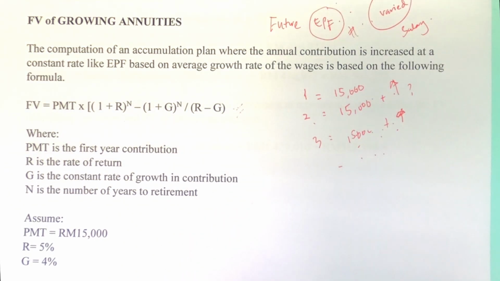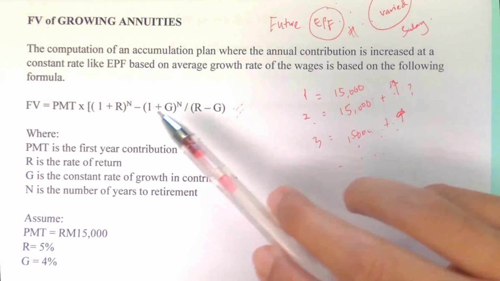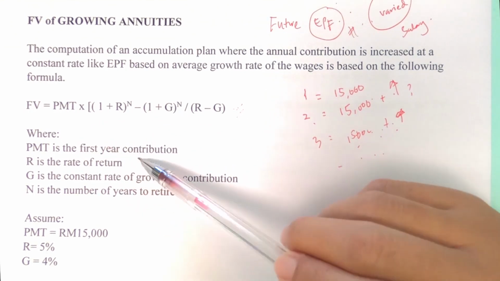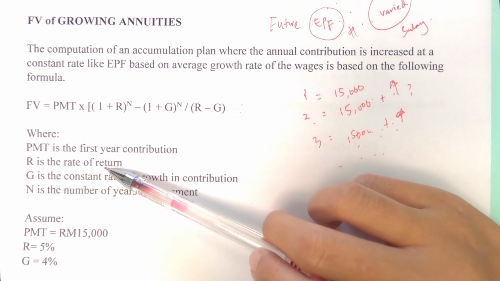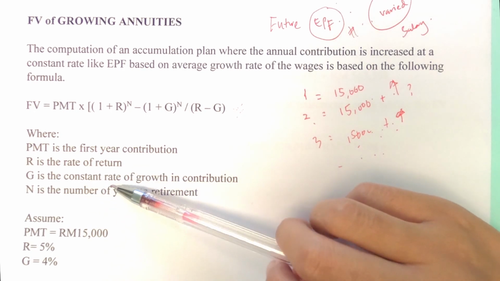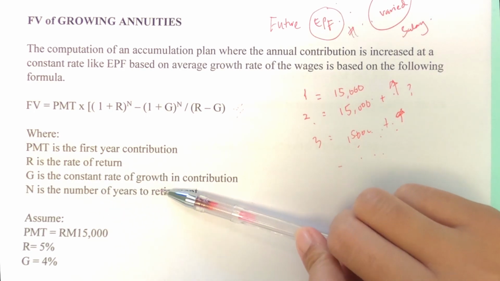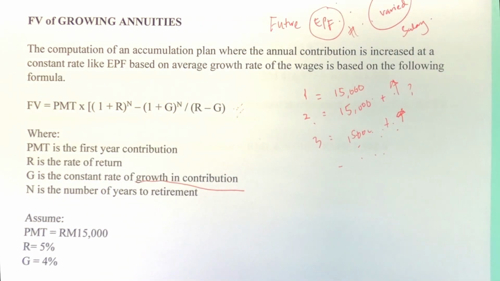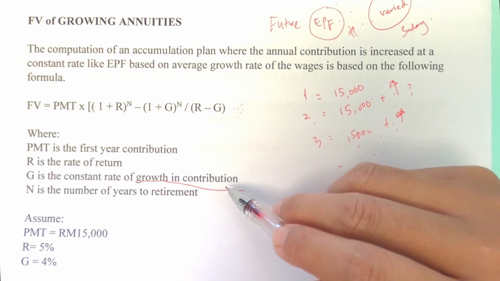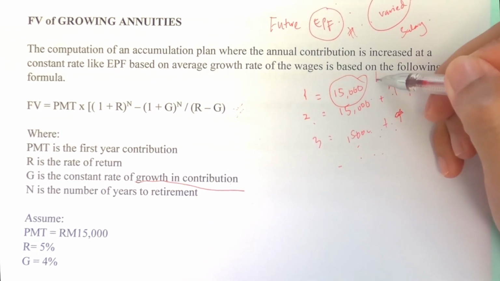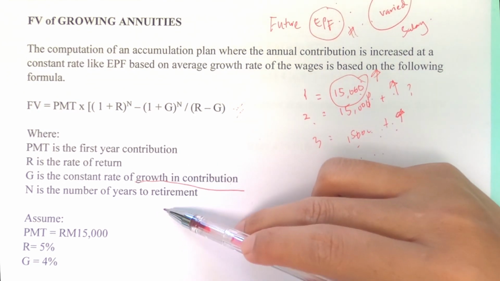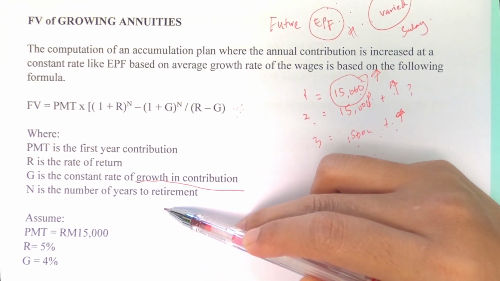This is for growing annuities like EPF, where in this formula, the PMT is the first year contribution, R is the rate of return, G is the constant rate of growth in contribution, which means there is a growth in the contribution. So let's say we assume that the payment is 15,000, there will be growth on this contribution per year, and N is the number of years to retirement.